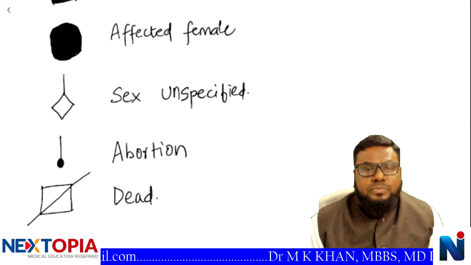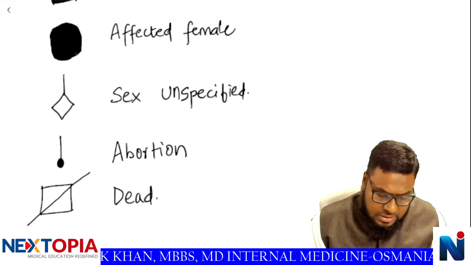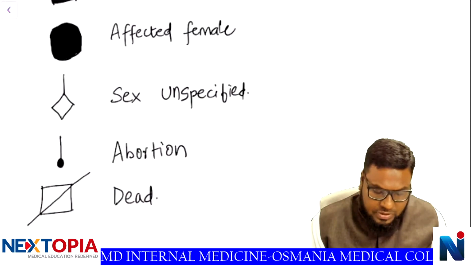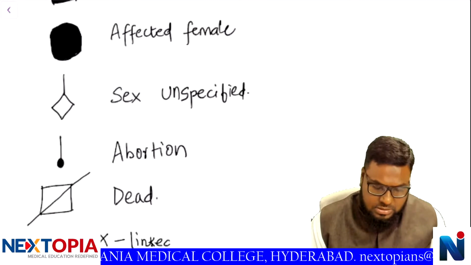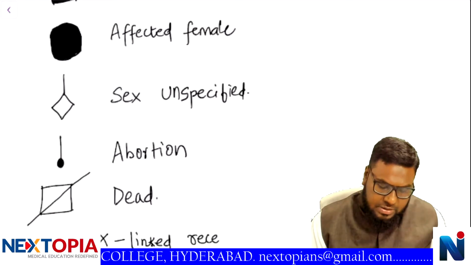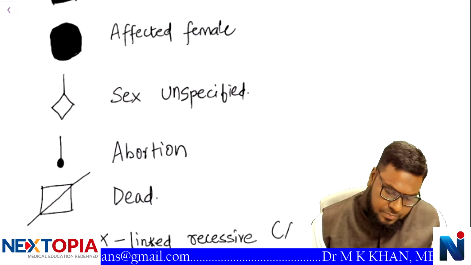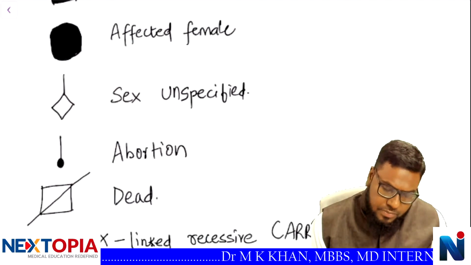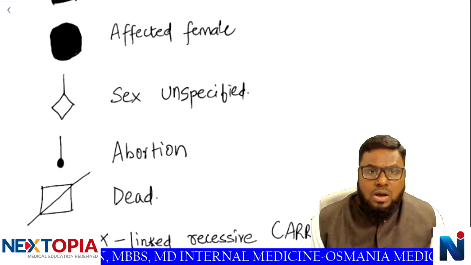All right. And if I draw a small circle with a central dot, it means this person is an X-linked recessive carrier. The person is a carrier. X-linked recessive carrier. All right.